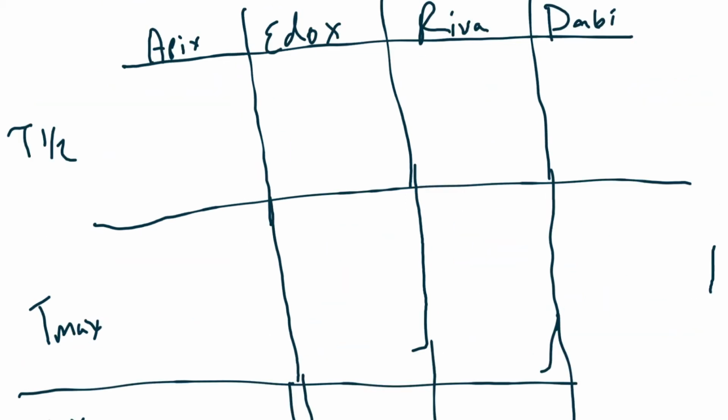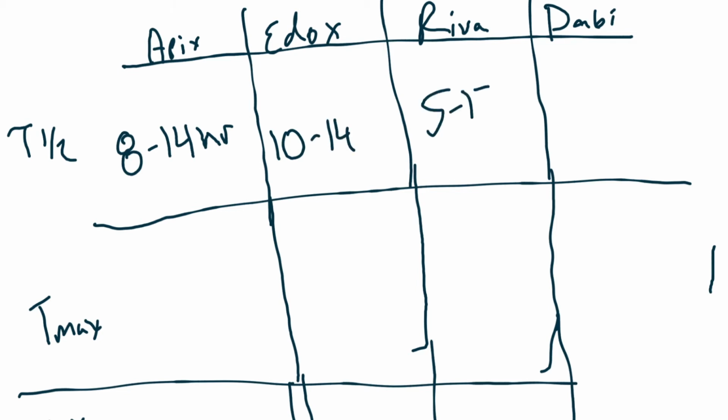So the half-life for the DOACs are all fairly similar. For apixaban, we say 8 to 14 hours, and the range will differ depending on the resource you find. For edoxaban, it's 10 to 14 hours. For rivaroxaban, 5 to 13 hours. And dabigatran is 12 to 17 hours.